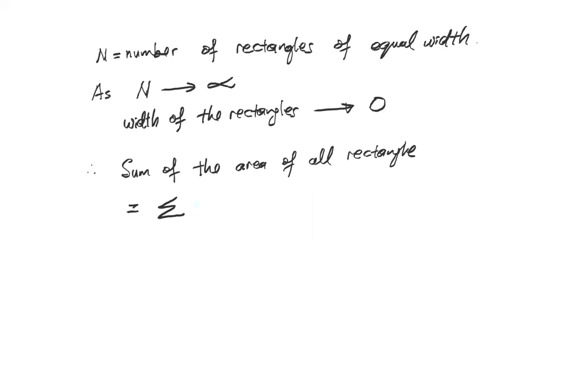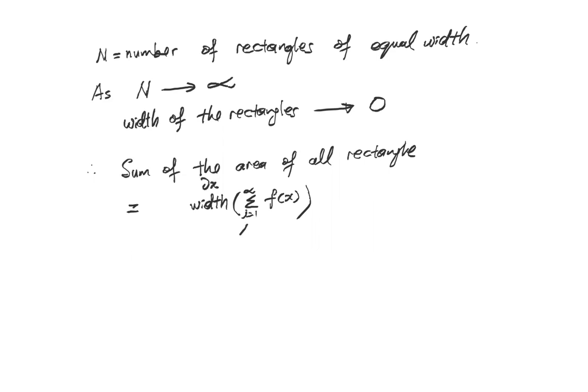So is the width times by, oh sorry, I should put the width outside. Is the width times by the sum of f(x) from i equal to 1 to i equal to infinity. Correct? So in this case, the width is the delta x.